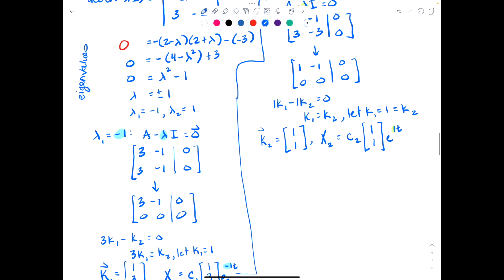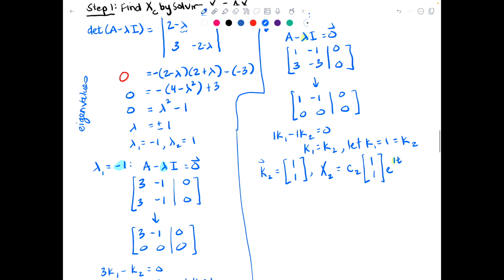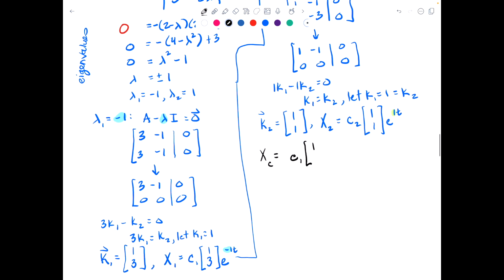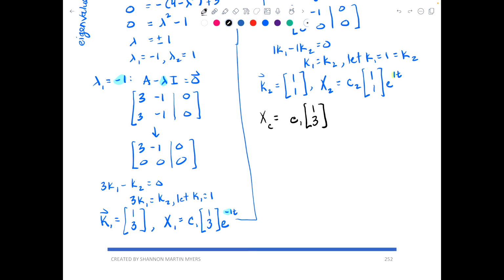All right, now we've done that part. Isn't that exciting? So what have we found? We have found that XC equals C1 times 1, 3, times e to the negative t, plus C2 times the 1, 1 column vector, e to the positive t.